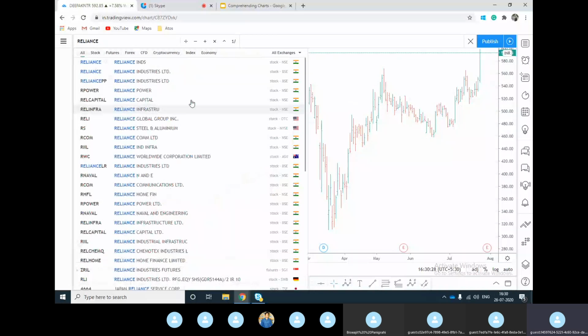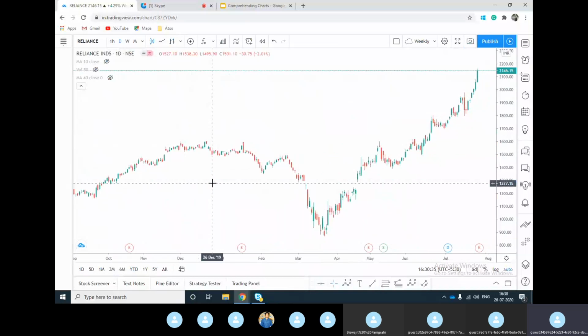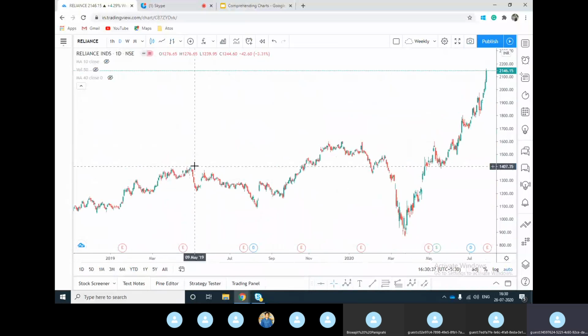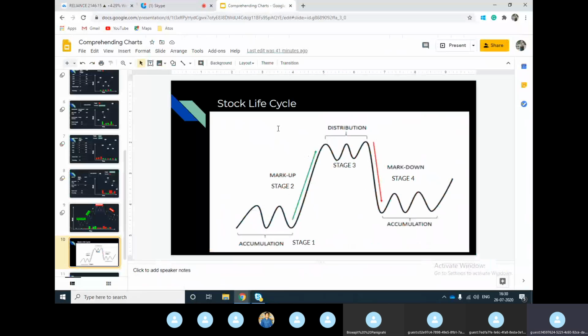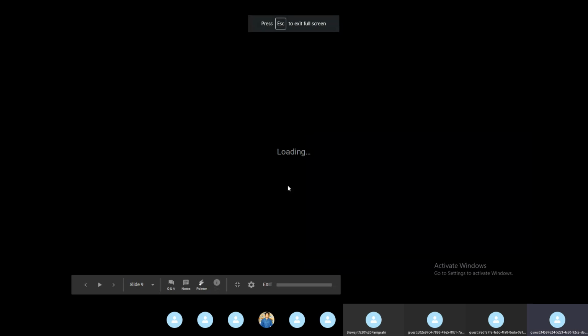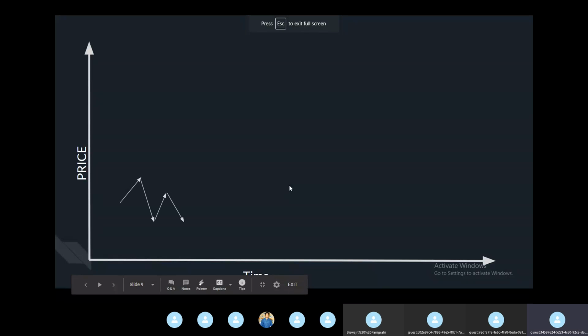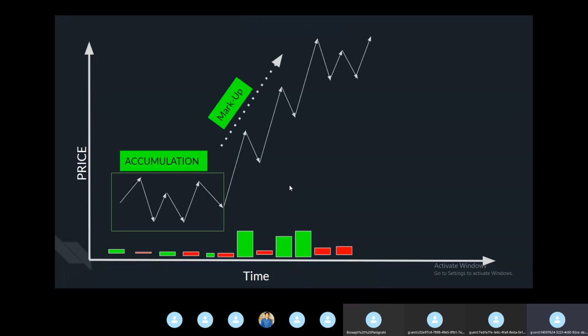Okay, so let me go to the candles. Does it look fine? Before I go on, I will tell you something about the chart. So from here we understood what is happening.